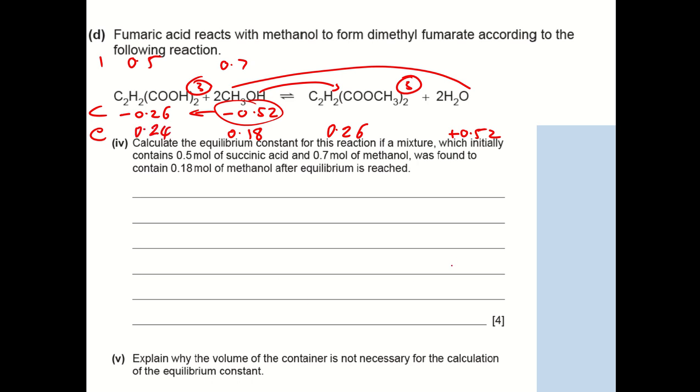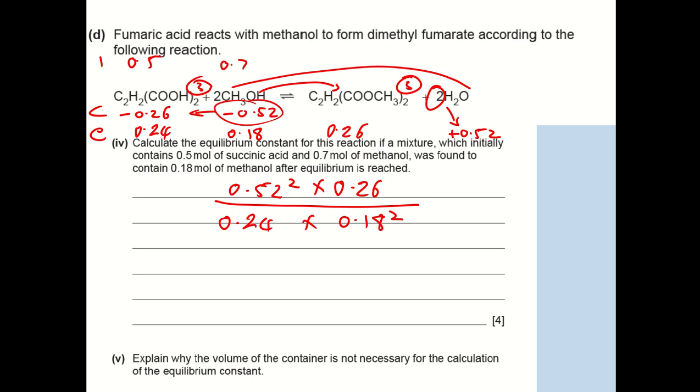And as I said, we don't need the volume of the container here. So my calculation is 0.52 squared, remember that is 2 moles of water, multiplied by 0.26, that's just to the power of 1. On the left hand side I have 0.24 multiplied by 0.18, and that is squared because we have 2 moles of that.